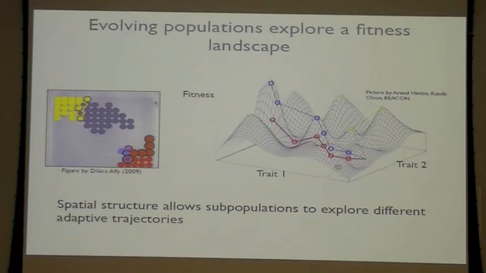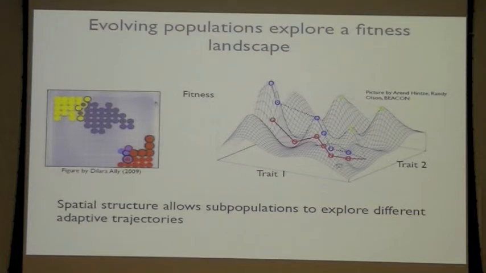And mutation and recombination will push populations away from their current position, and natural selection will drive populations up these slopes of increasing fitness.